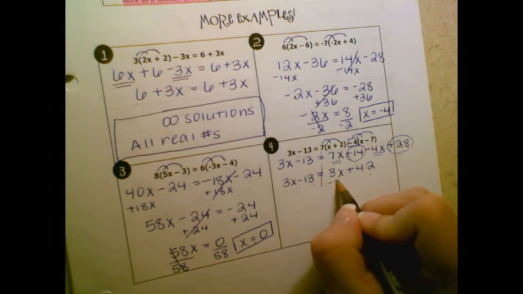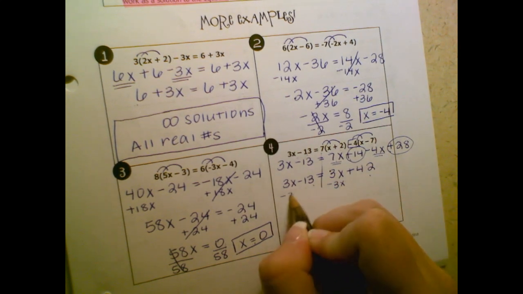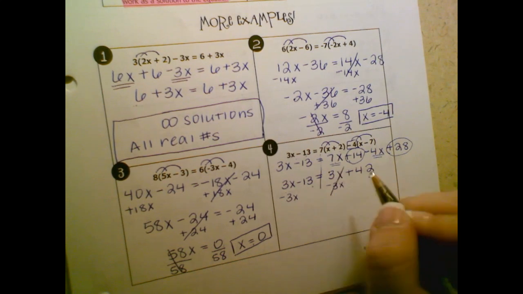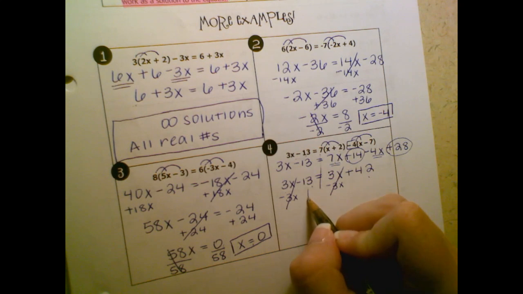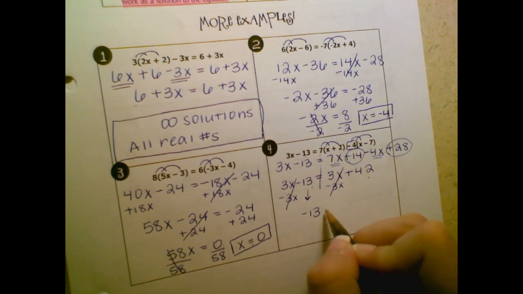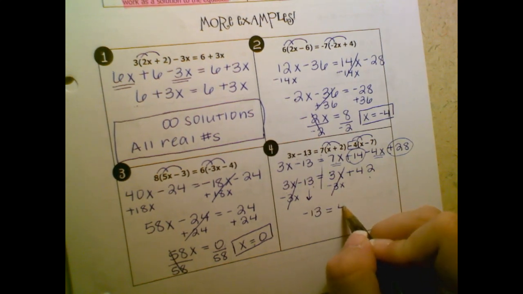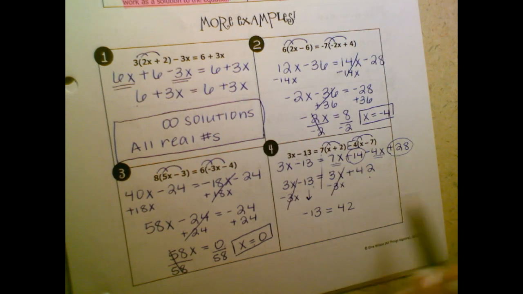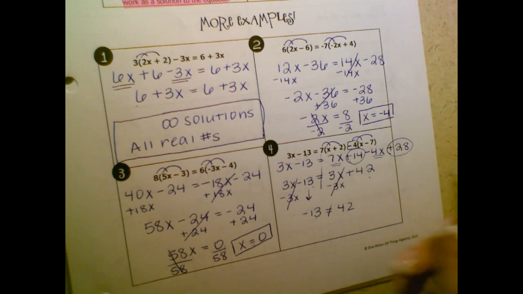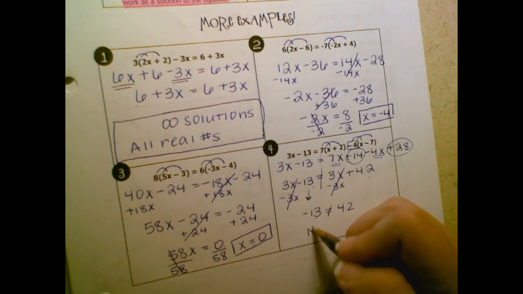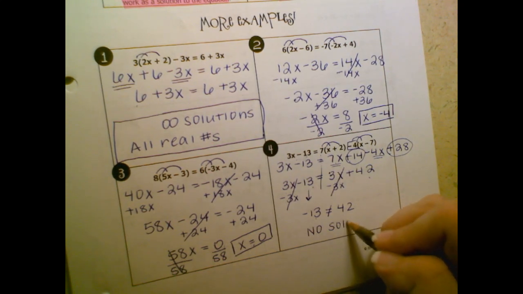I'm going to subtract my 3x. 3x minus 3x, those cancel out. So I'm just going to bring down my negative 13, bring down my 42. From here, negative 13 does not equal 42. So this is an example of no solution.